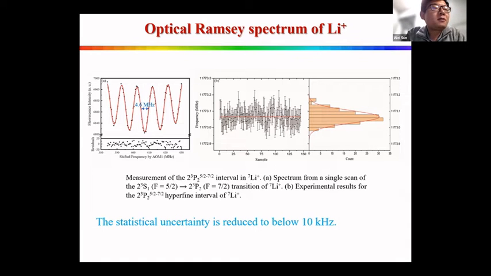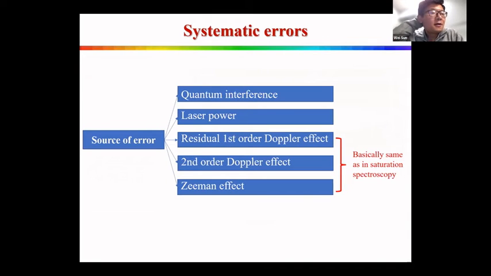In our experiment, a statistical uncertainty below 10 kilohertz is generally achieved after 100 to 200 measurements. So now let's consider the systematic errors. For the Doppler and the Zeeman effect, the evaluation is much the same as that in saturation spectroscopy, so I will just skip it.